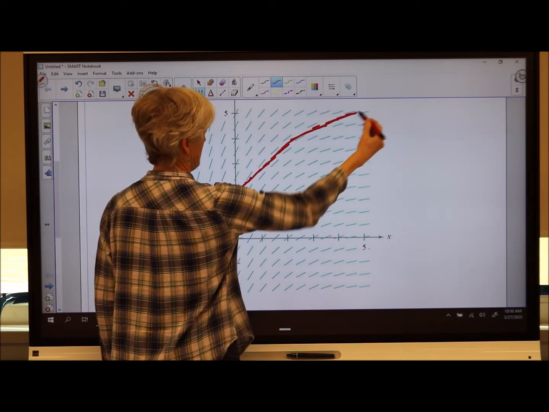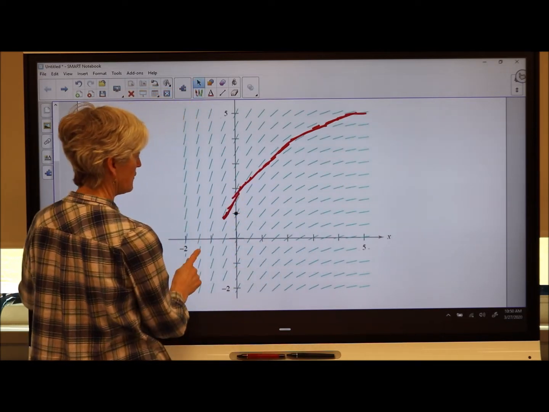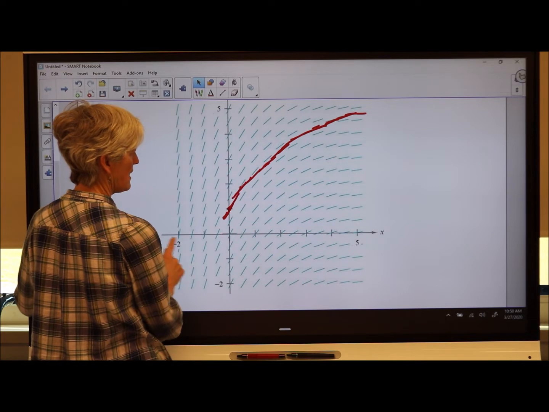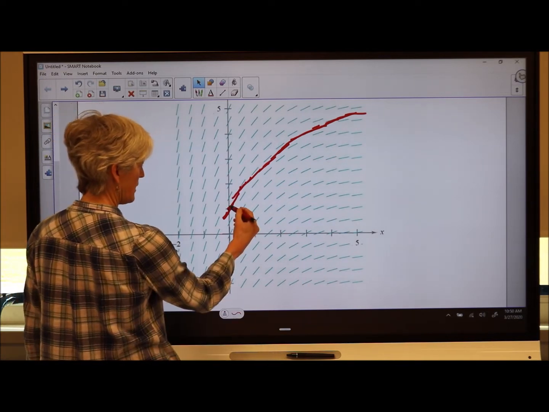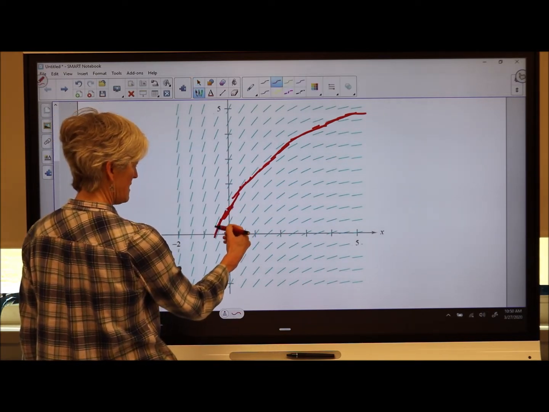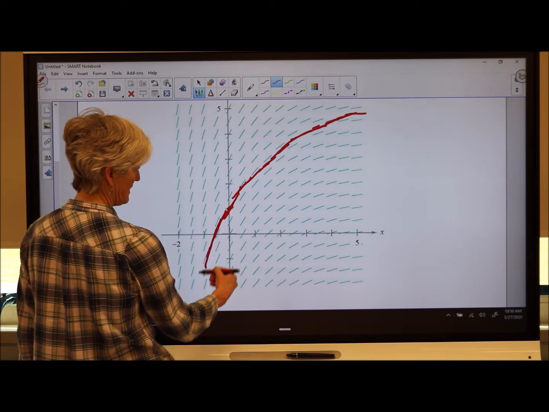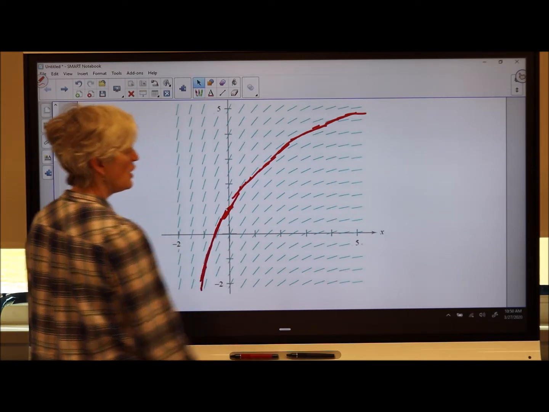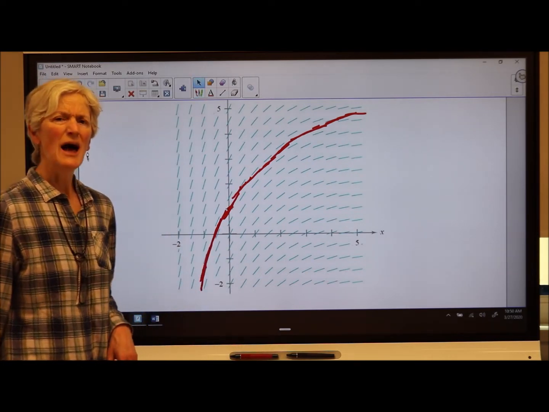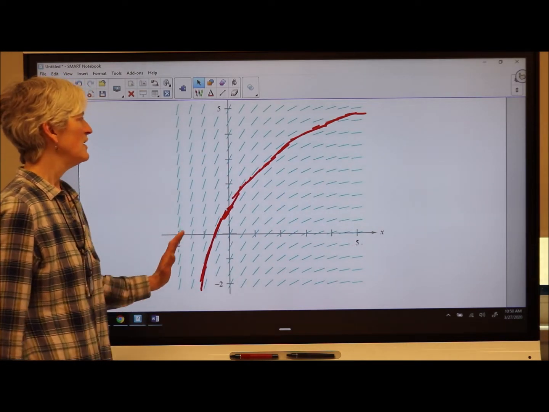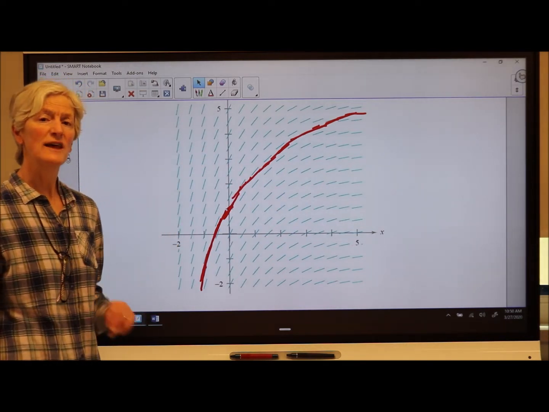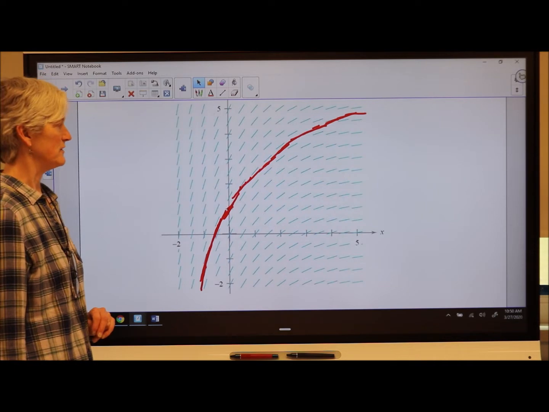But you get the idea. And maybe in this direction, my slopes are getting a little steeper. So I just sketched a possible solution to the differential equation that is represented by this slope field.